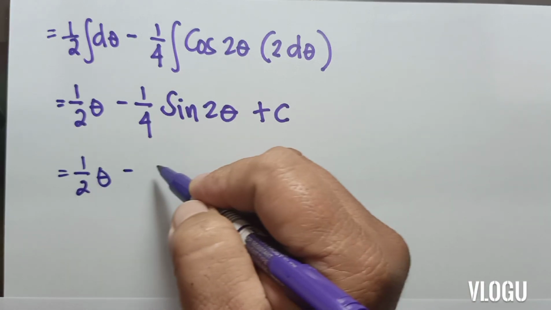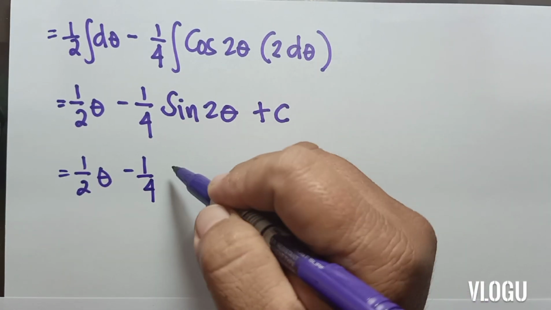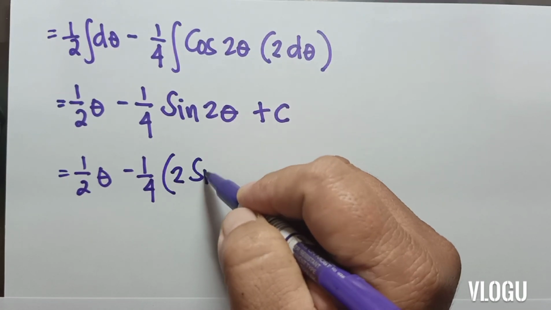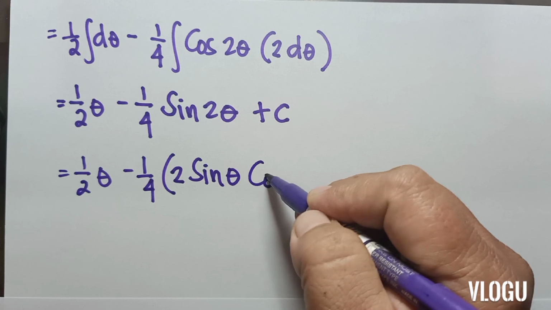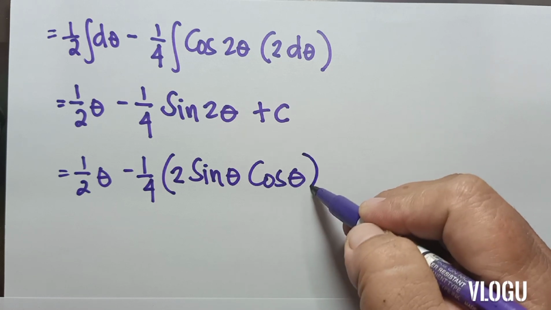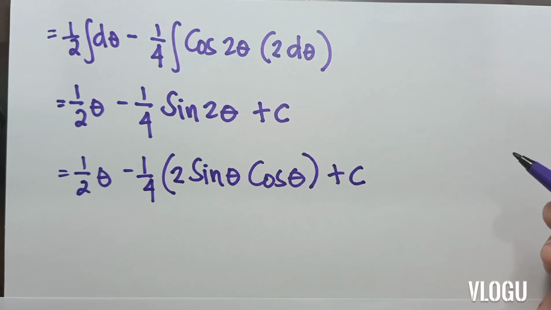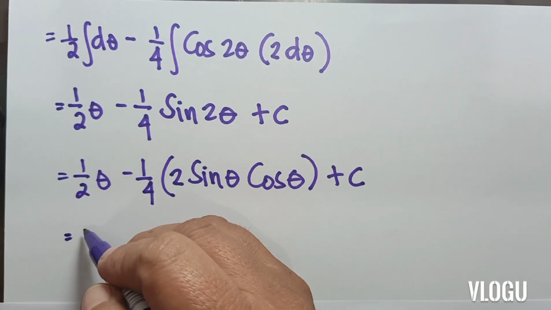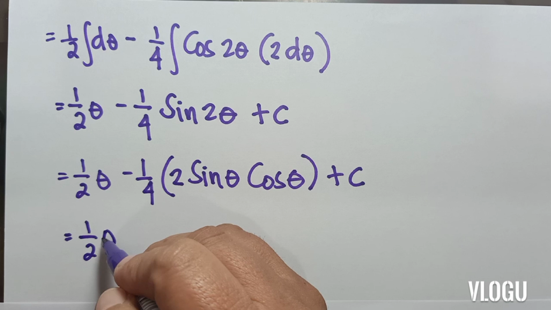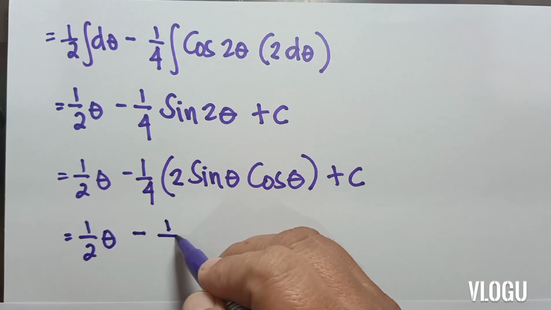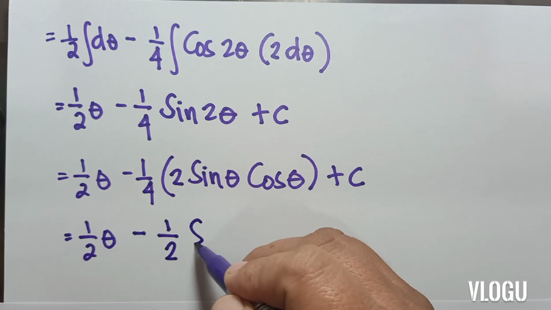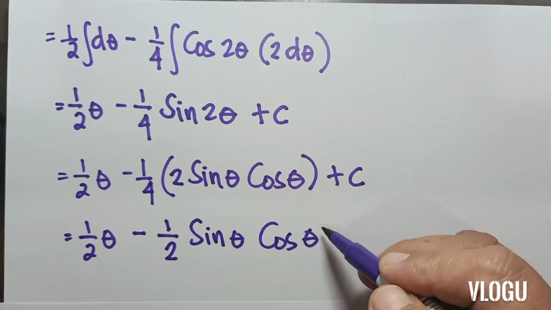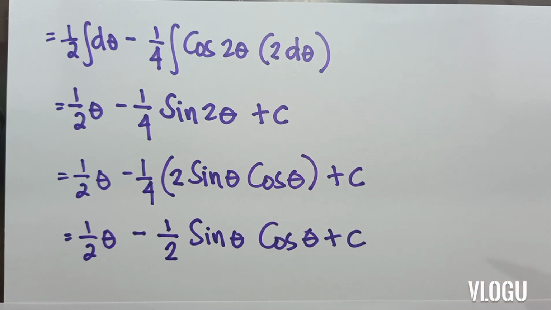Sine 2 theta is equivalent to 2 sine theta cosine theta, so that becomes 1/2 theta minus 1/2 sine theta cosine theta plus c.